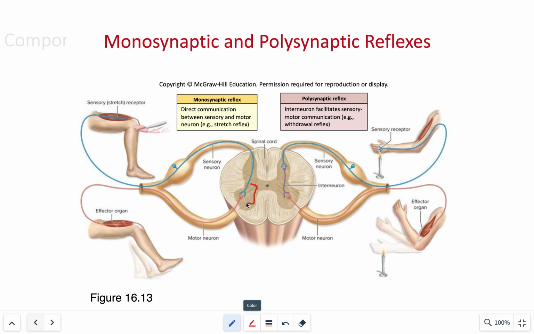So the delay is still present, but it's a lot less or minimal compared to a polysynaptic reflex or delay.